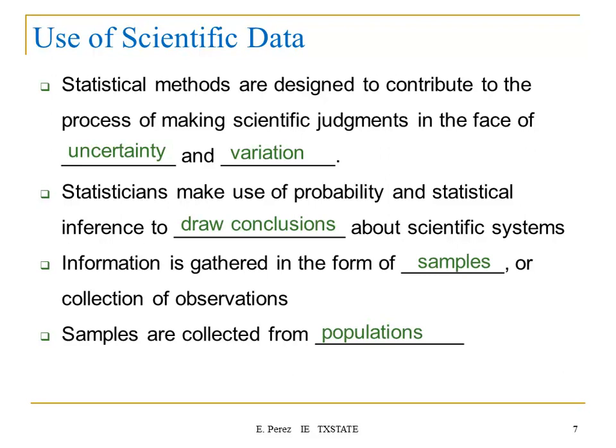Anyone knows what's the difference between a population and a sample? Anyone remember? Yes, sir. Population being the whole, sample being part of the population. Correct. So when you look at the population, you're looking at the entire group of units. When you look at the sample, you're taking a portion of those units from the whole group.